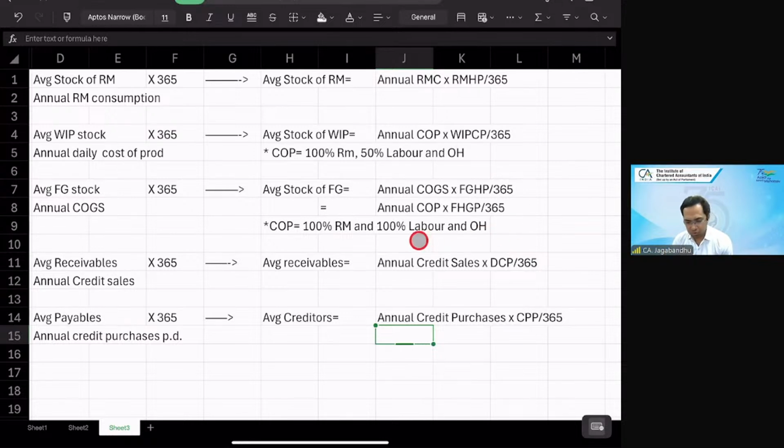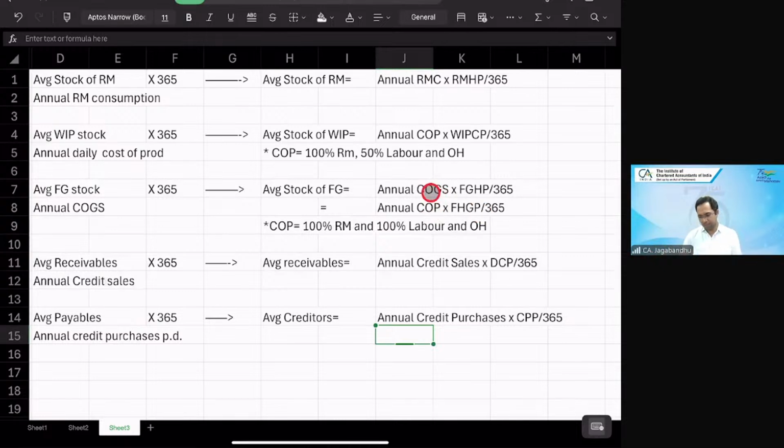Okay, so there's a difference in cost of production for WIP and cost of production for the finished goods. In finished goods, we are taking full cost of production, which is 100% of raw material and 100% of labor. Sometimes we may also use this cost of production, because whatever you are producing is what is going to be stored in your godown, and out of whatever you are producing, that is only going to be sold.